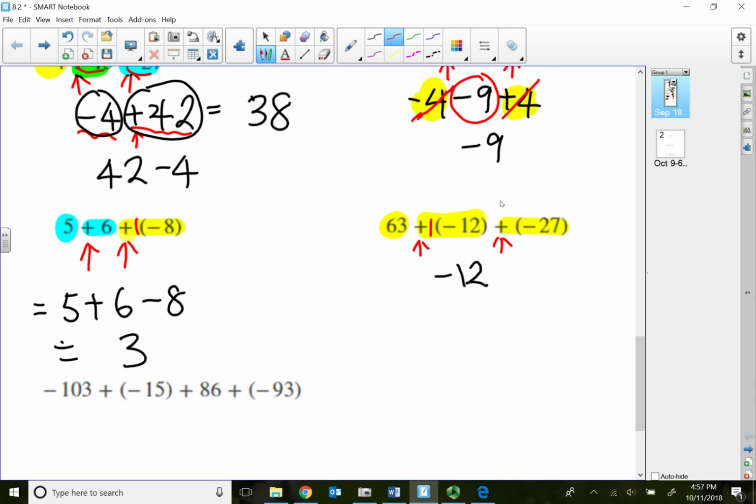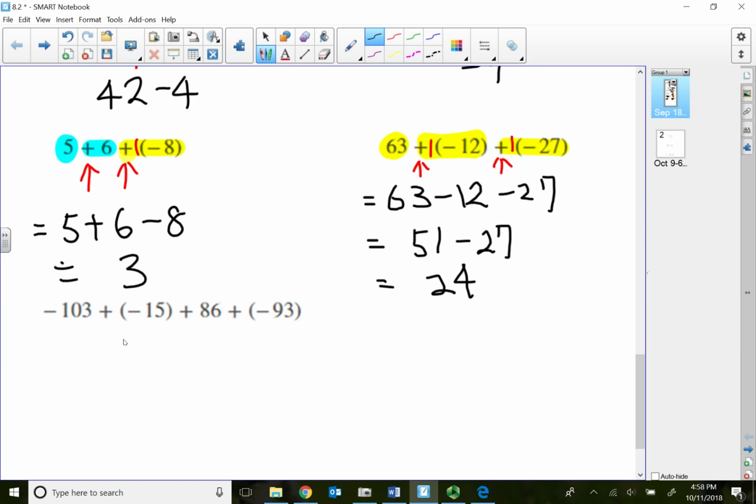My third term is really +1 times -27, which is just -27. My first term is just +63. So now I'm going to think of it as 63 minus 12 minus 27. 63 minus 12 is 51. Then 51 minus 27 will be 24, I believe. So my answer is just 24.